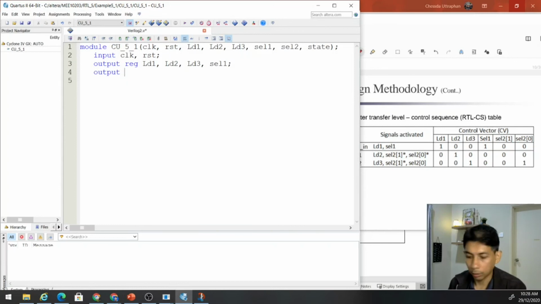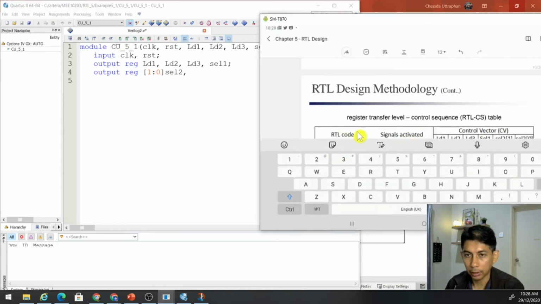And we have another output which is 2-bit, and also the state. How many bits is the state? All right, so we need to look at this.